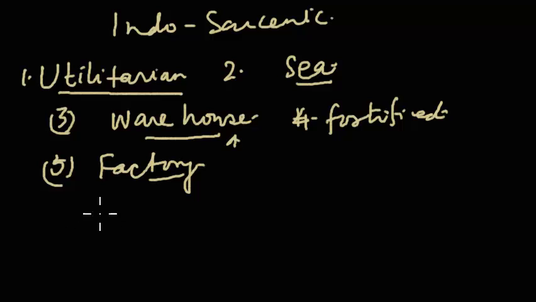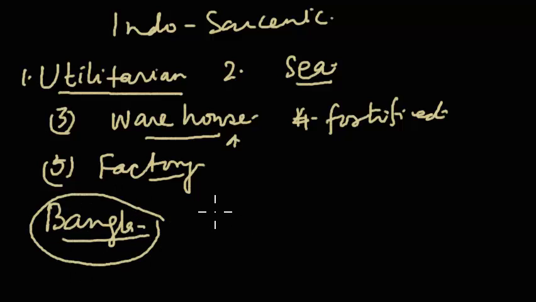The building architecture is mainly influenced by the climate and by religion, because all these four types, Romanesque, Gothic, Renaissance and Neoclassical, developed in and around Mediterranean climates. So their suitability was accordingly modified in India, and in India even the Bangla type of style came, the old Bangla type of style, where the room is there on the four sides.